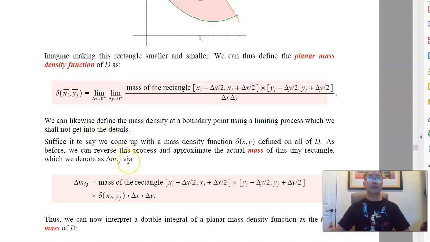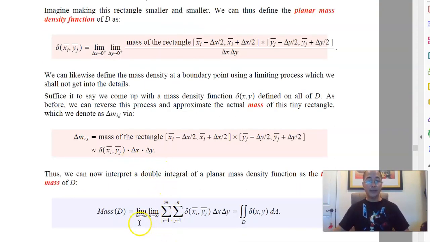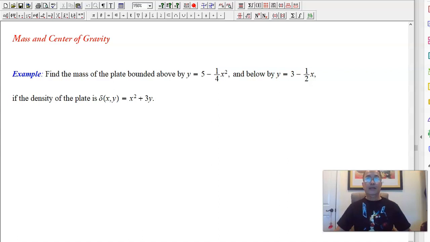Of course that's just an approximation, but as usual, through the magic of calculus, if we take the limit as the number of subintervals gets larger and larger, both along the x and along the y, in other words, the area of that little rectangle gets smaller and smaller, and we add up all of those masses, the density times the area, then we get the exact mass of that plate. So with the magic of calculus, it becomes the double integral of the density function with respect to the area differential.